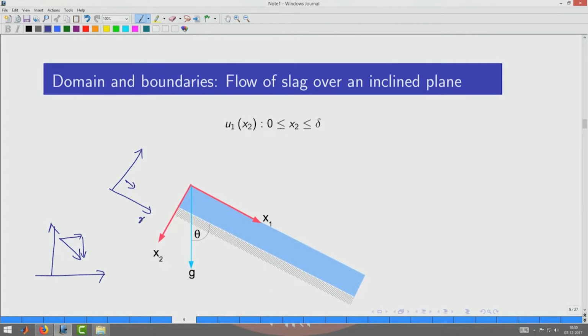In this case, for example, x and y, if I write, then the flow is only along the x direction, and then we can also choose the origin of the axis to be at the surface of the plane or at the free surface of the liquid slag. That is a choice that we can exercise. We are free to choose either way.